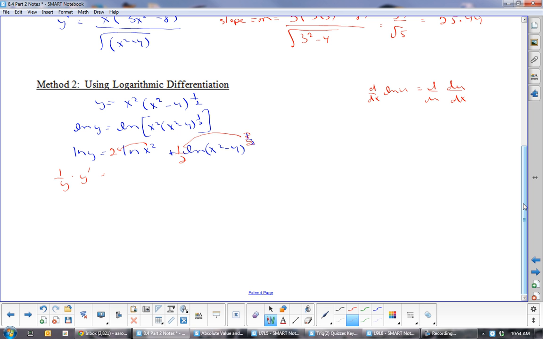So I did just 2 times 1 over x, where you would have had 1 over x squared times 2x, and then the x's would have canceled. You would have got the same thing, right? Plus the 1/2 stays out front, and then it's 1 over (x squared minus 4) times 2x.